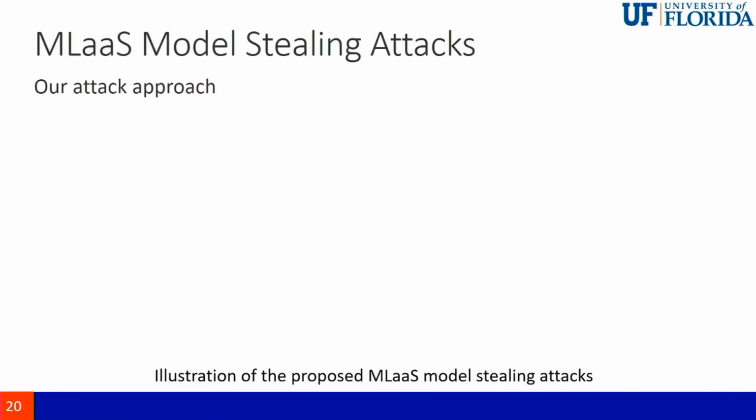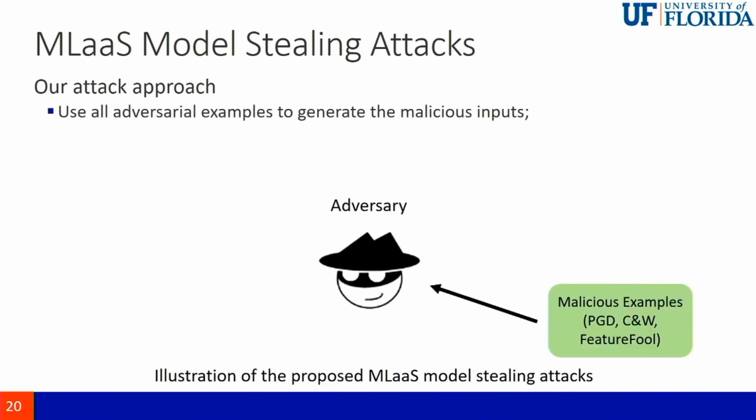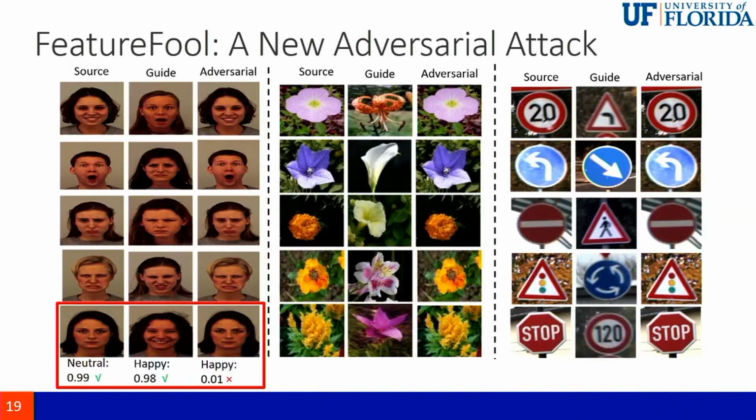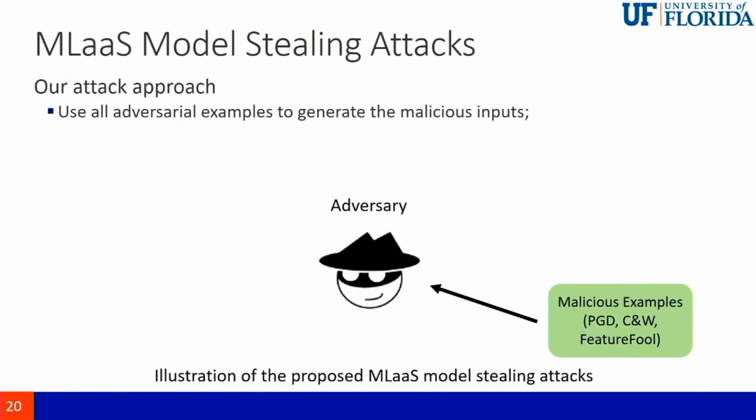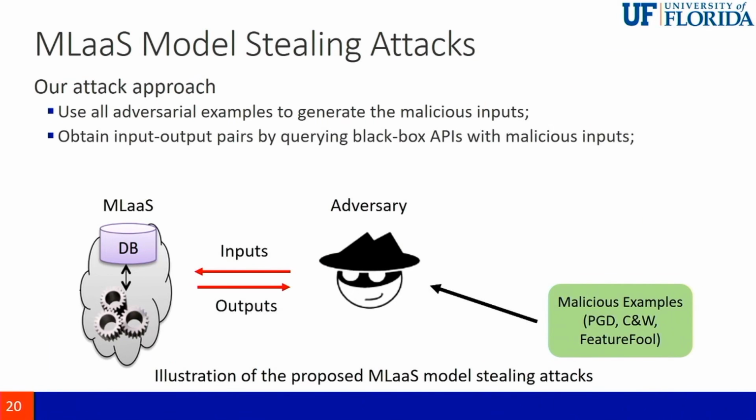Okay, now we have prepared everything, so it's time to do our model stealing attack. The approach is that first, we use the feature full method to generate all the adversary examples with low confidence. And then we query the machine learning as a service model in the cloud using these adversary examples, and we collect their responses.